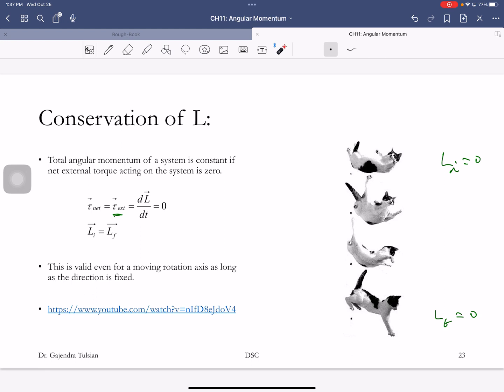What the cat does is it turns its rear body along with the tail. If this is rotating in this direction, the front of the cat rotates in the opposite direction. The total angular momentum remains 0 through the entire fall, and it's able to make itself land on its feet.